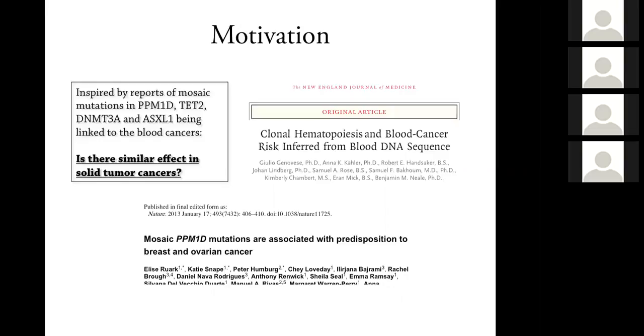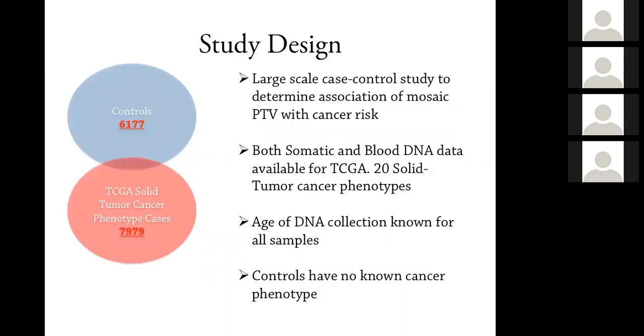So basically, our question was, can we try to study those kinds of mutations in these genes in people who have only solid tumor cancer and don't have any evidence of leukemia, lymphoma, or any other kind of blood situation. So the design of the study originally included about 6,000 controls.